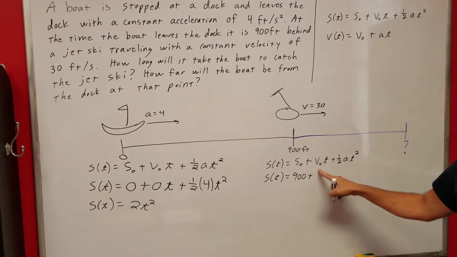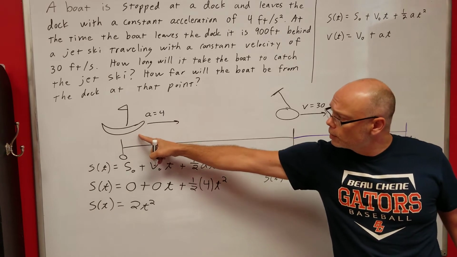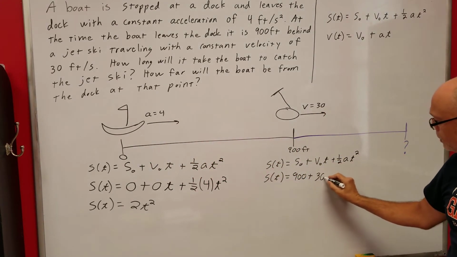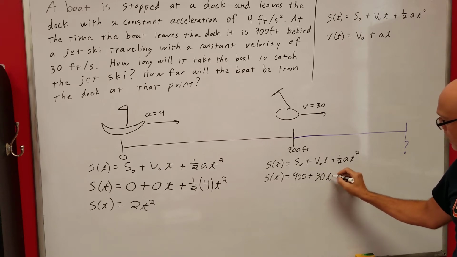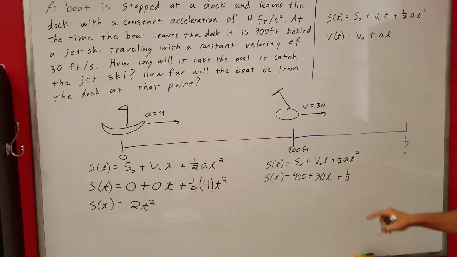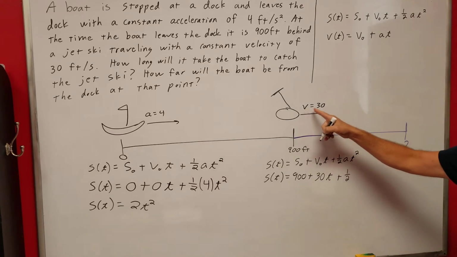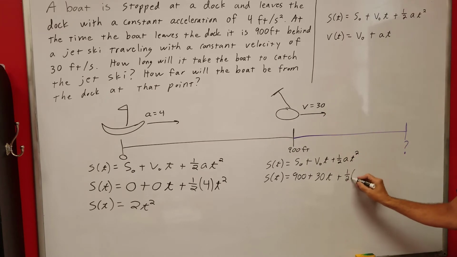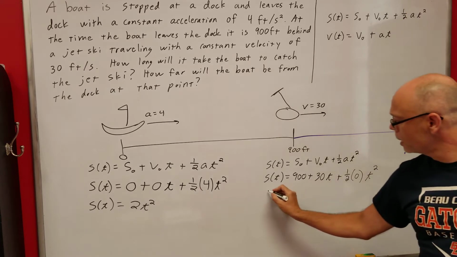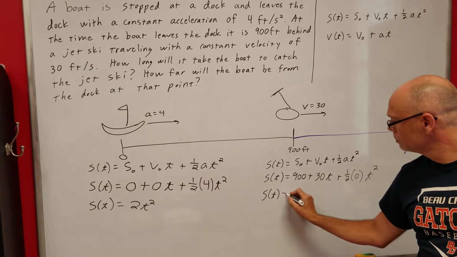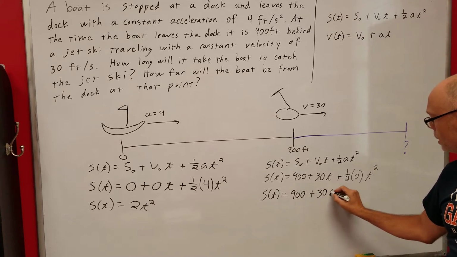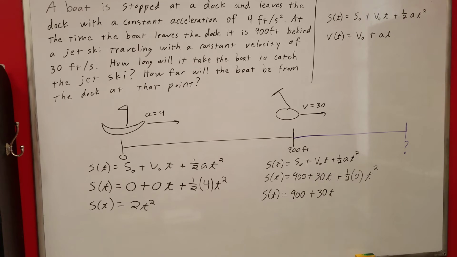What is my initial velocity? Initially, right when the boat takes off, my jet ski is going at a velocity of 30, right? Times that t, plus 1/2 times A times t squared. Well, what is A? If it's going at a constant velocity, the acceleration then is 0. Well, let's clean this up. So S of t is equal to 900 plus 30t, and this stuff zeroes out, right?